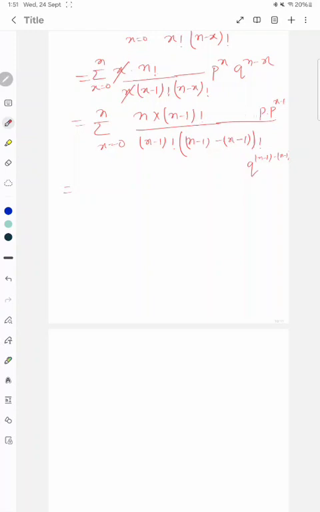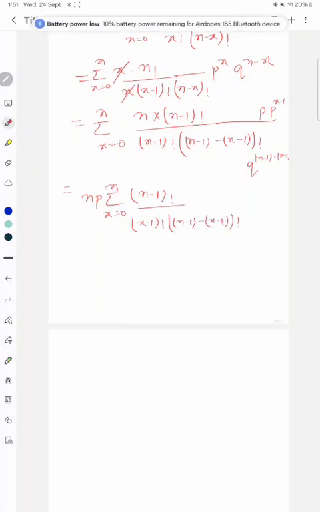We will take n and p common outside the summation, so np times summation x from 0 to n factorial n minus 1 by x minus 1 factorial into n minus 1 minus x minus 1 factorial, p^(x minus 1) into q^(n minus 1 minus (x minus 1)).